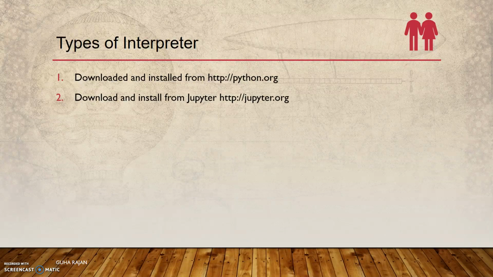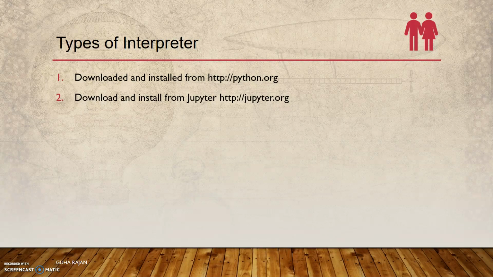And then download and install Jupyter, from jupyter.org. It's a kind of an integrated development environment, IDE. It comes with many of the libraries already installed when you install Jupyter.